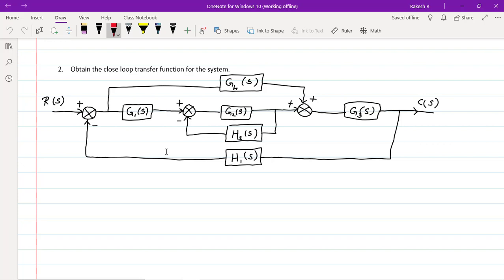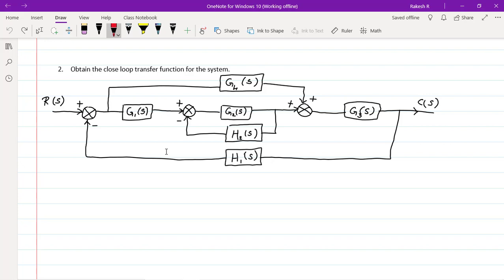Why? Because we have one more summing point here, one summing point in between the blocks. So we cannot take G1 and G2 as series. And now we shall see, we have one more: G4 and G2 or G4 and G1 as parallel here.